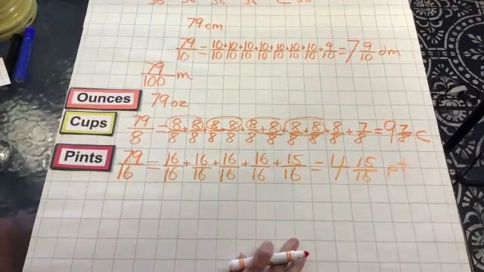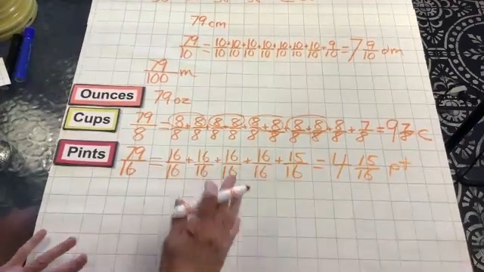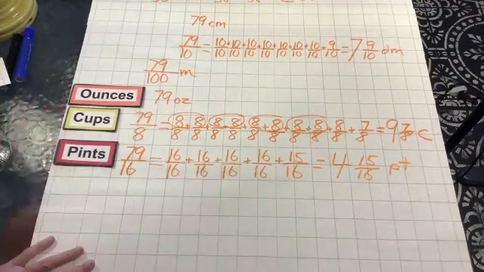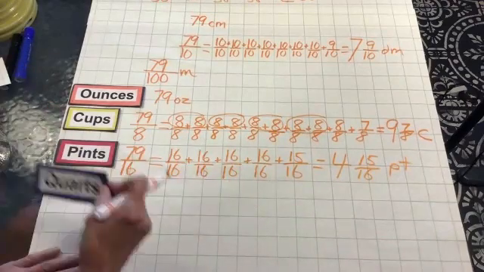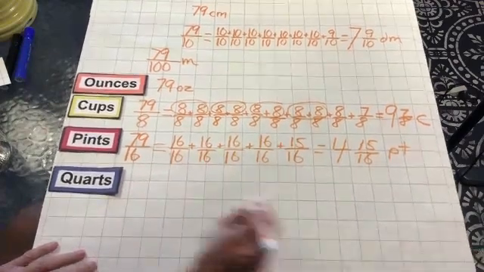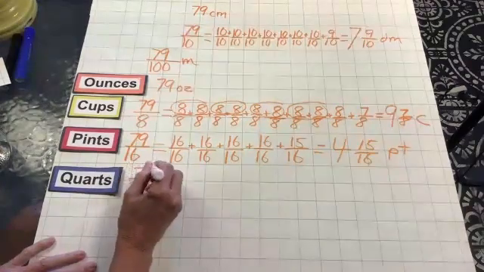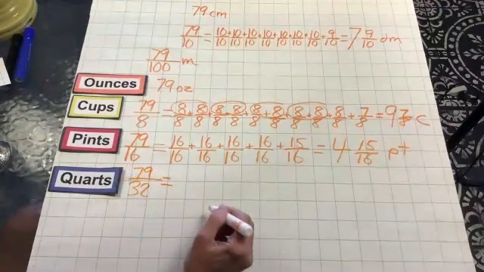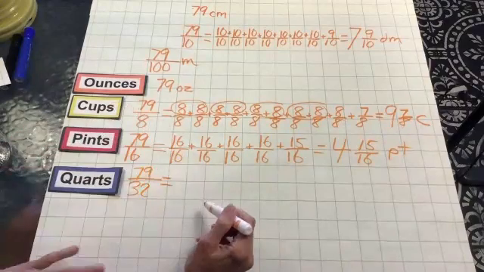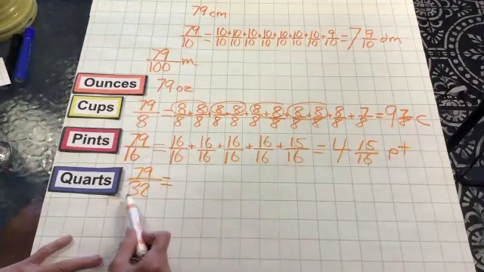So if you are struggling with the fraction end of this, just follow along with me, write it down, think it and say it in your mind as we're working so that you start understanding. So here we go. Quarts, it takes 32 ounces to make a quart. We have 79. So we're going to break that apart into quarts using our last problem because 16 plus 16 is 32. 2 pints make a quart.